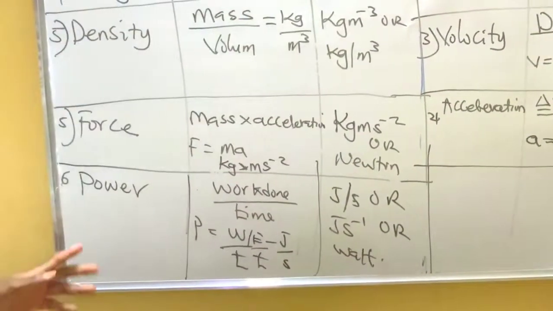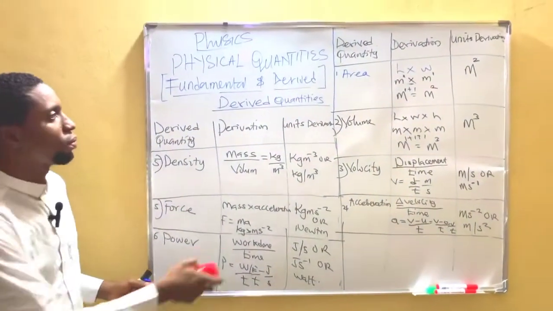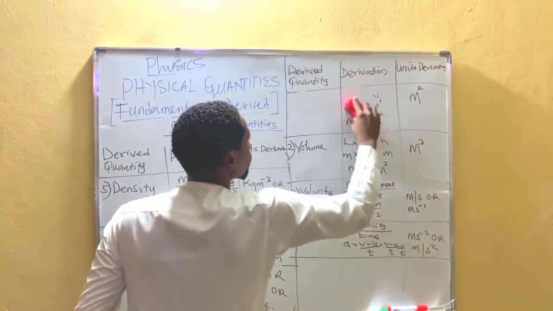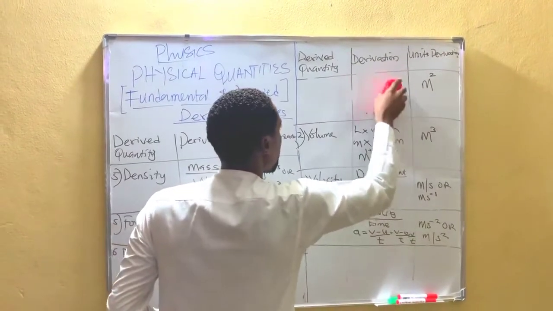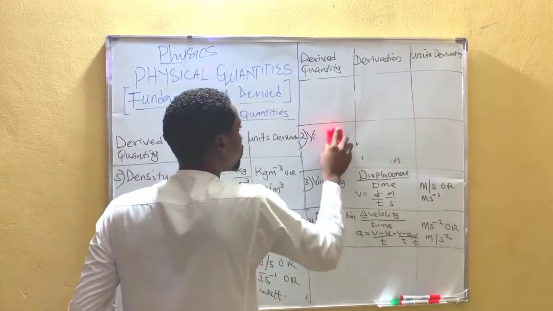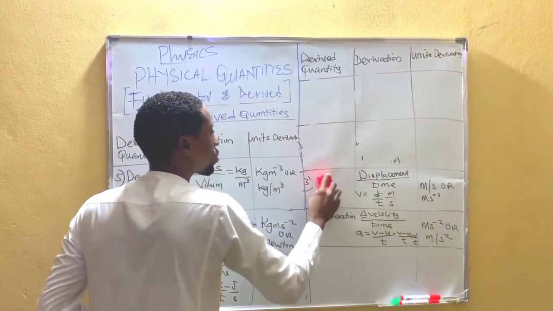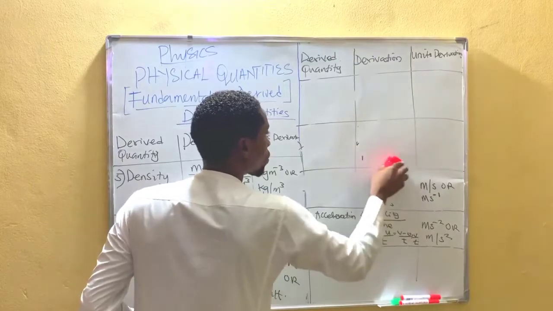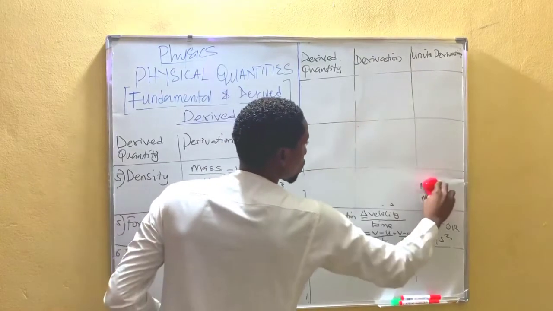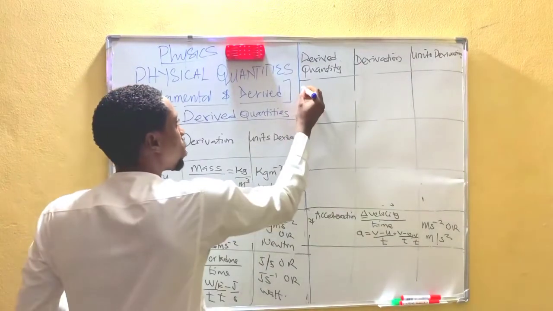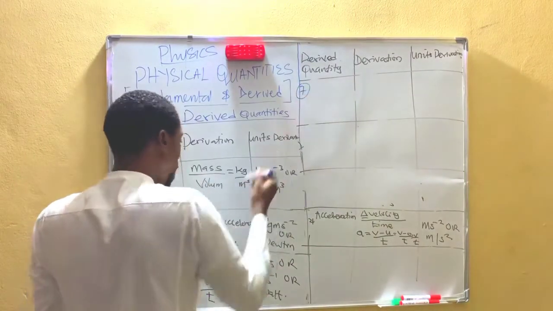So let's move to number 7. I'm going to clean this side. Number 7 on our list is work.